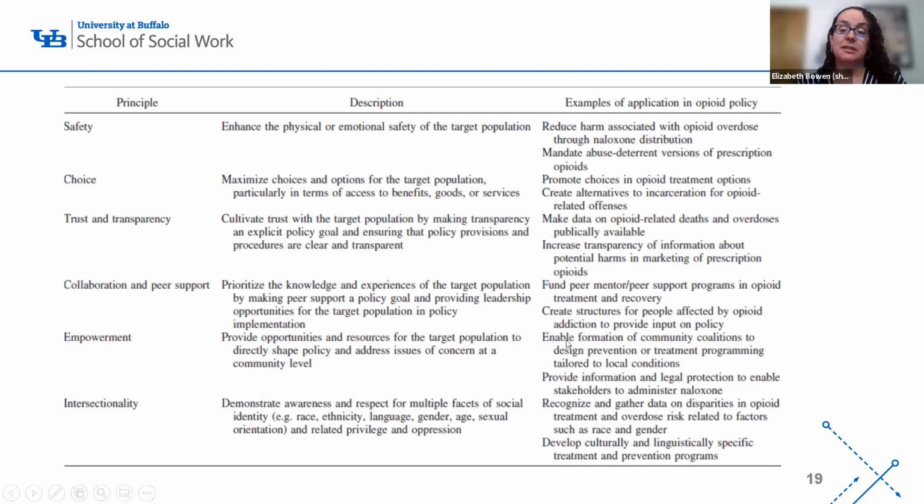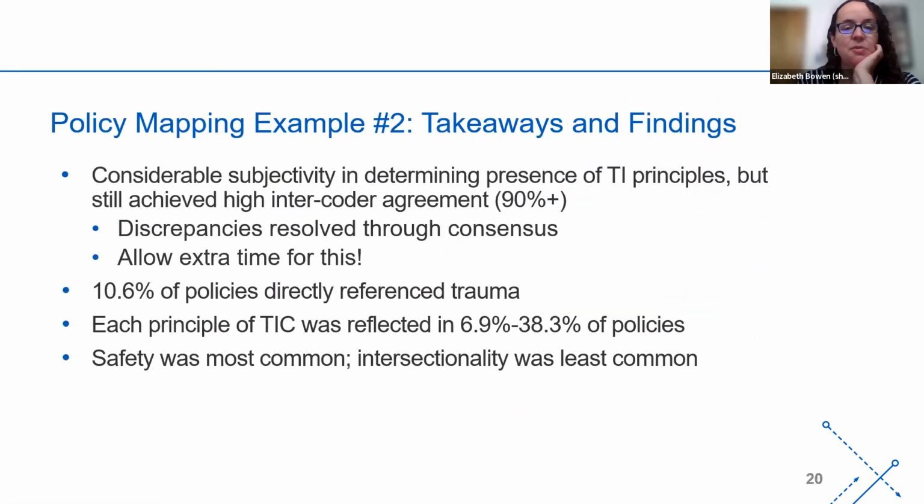So we were looking in these opioid policies to see: do we see these principles reflected, and in what ways? I want to point out that this is clearly very subjective, because often a policy is not going to say, yes, this is meant to be empowering, or we're going to try to give choices to this population. You really have to read between the lines and interpret.